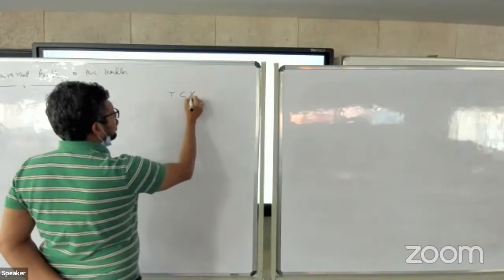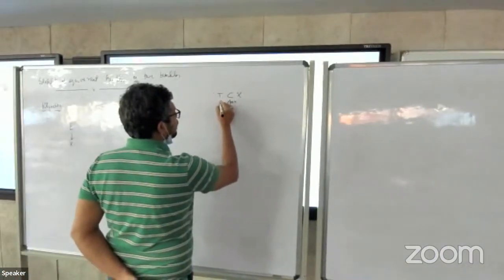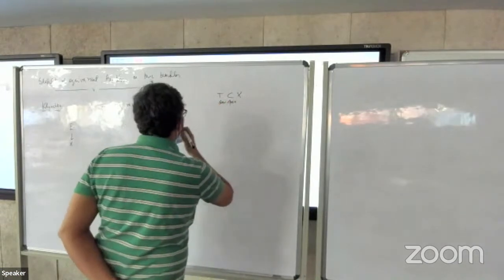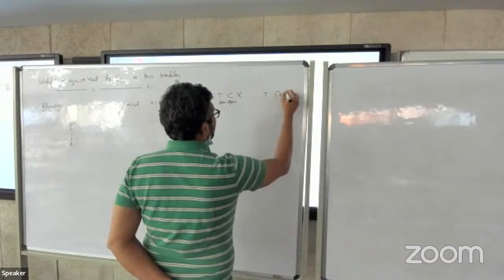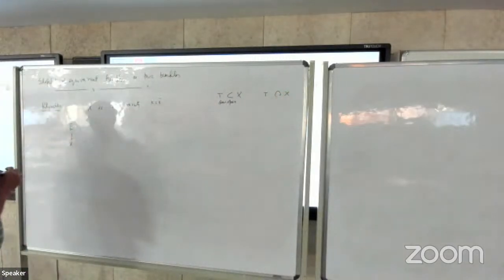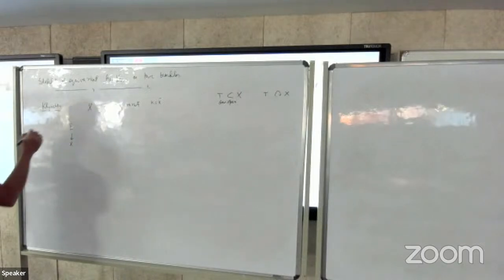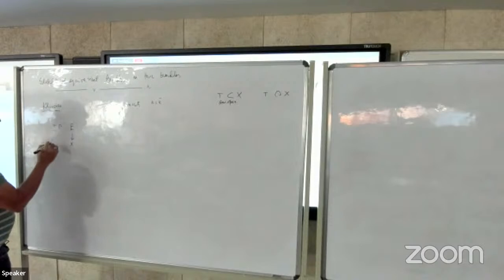acting on X and which is sitting inside as a dense open subset. And T has an action on X. And when I say it's an equivariant bundle, that means roughly I have a lift of the T action on E, which is a vector bundle.